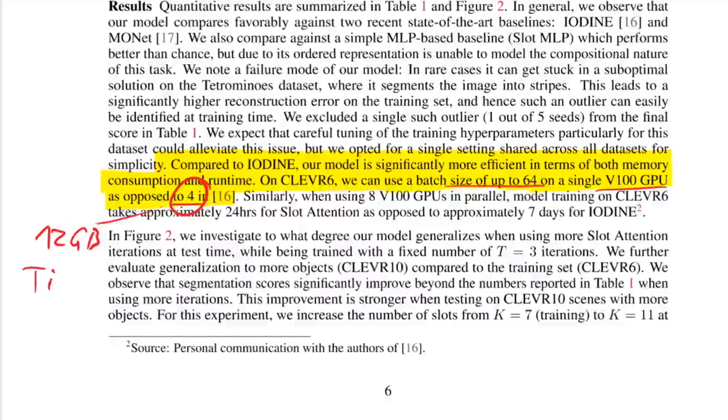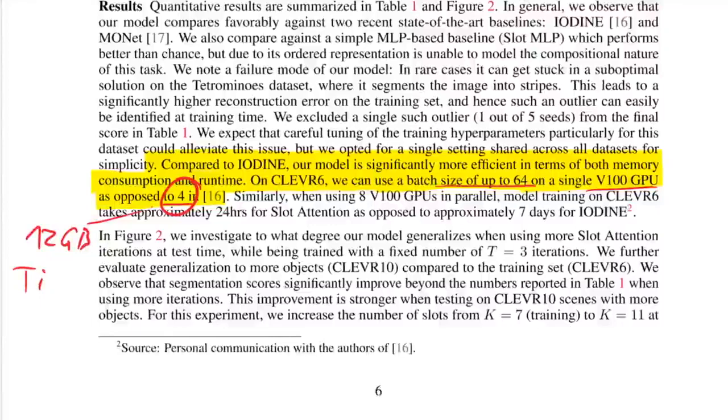This is not a V100. The V100 comes in 16, or probably Google has the 32 gigabyte version. So this is a 32 gigabyte GPU that is significantly better than the TI GPUs. These V100s, they cost like 5 or 10 times more than the TI GPUs.